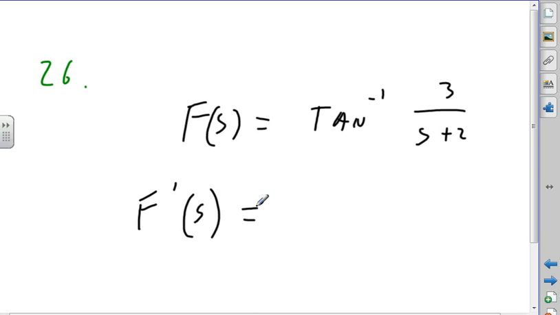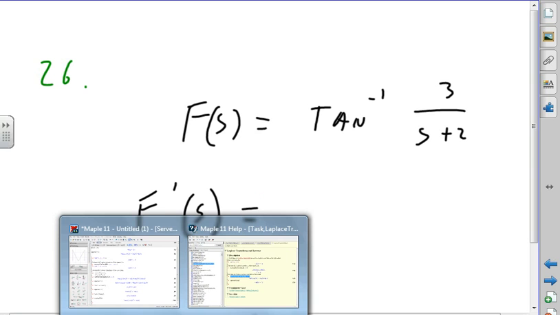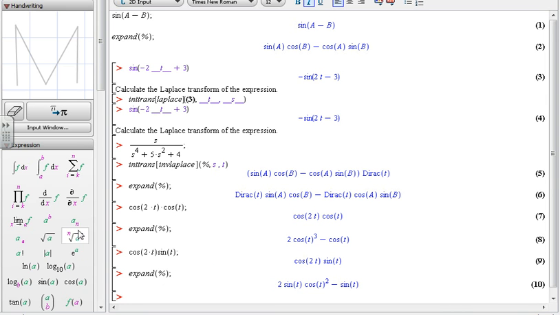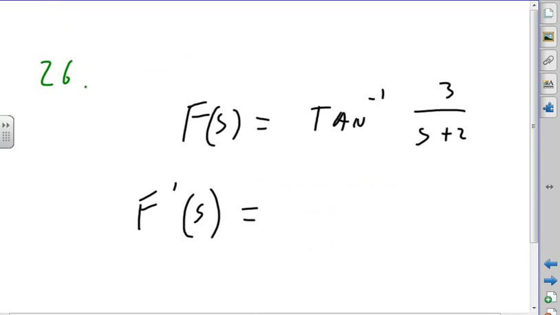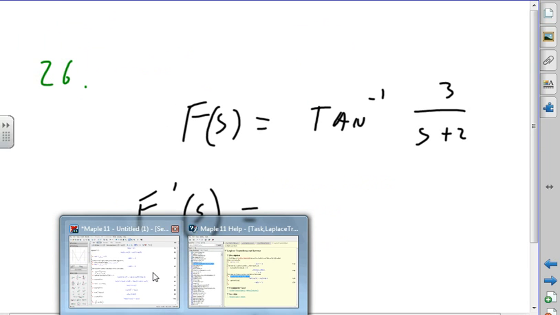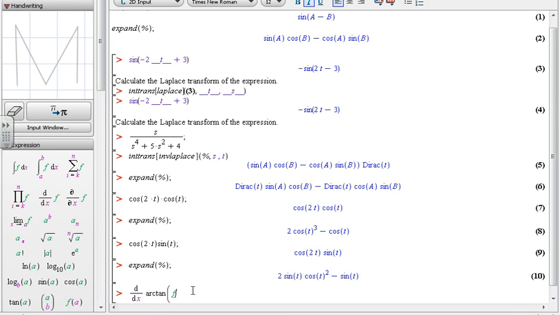All right, so we want the derivative of the arctangent of 3 over x plus 2.